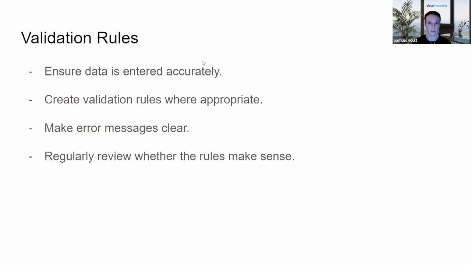Cool. So one of the first ways you can keep data clean in Salesforce, which is available throughout every single object, is validation rules. Validation rules are there to ensure that your data is entered accurately. So it doesn't necessarily validate that you're entering data, that's more around the required fields.